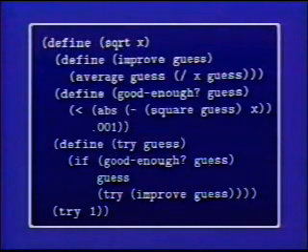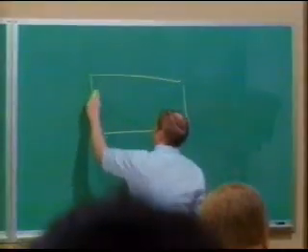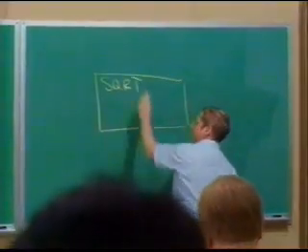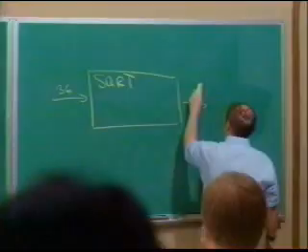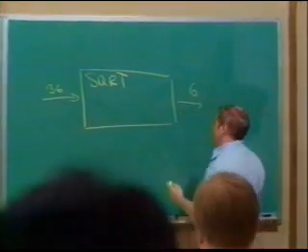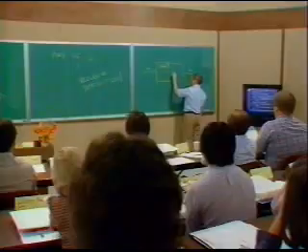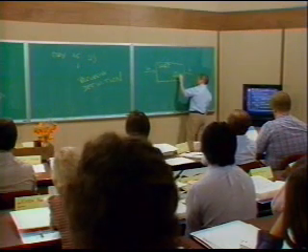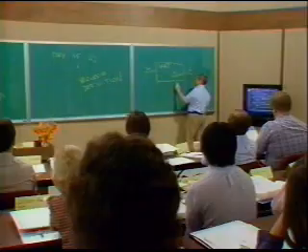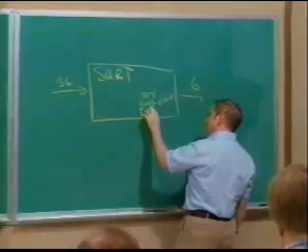So in effect, I've built a square root box, the square root procedure that someone can use. They might put in 36 and get out 6. And then packaged inside this box are the definitions of try and good enough and improve.